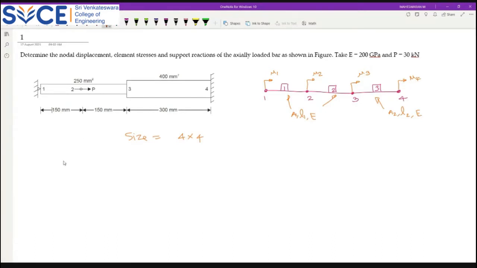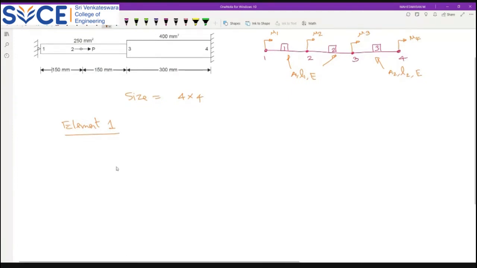So let me go for the first element, element 1. For this element, I will write K12. K12 is A1 E1 by L1 times the matrix 1, minus 1, minus 1, 1.